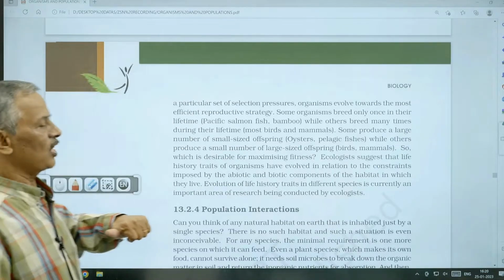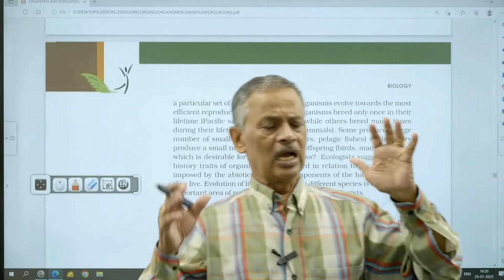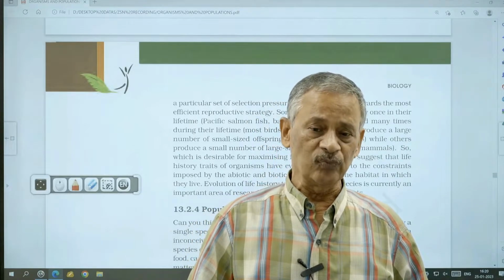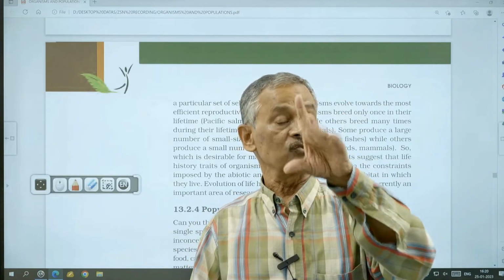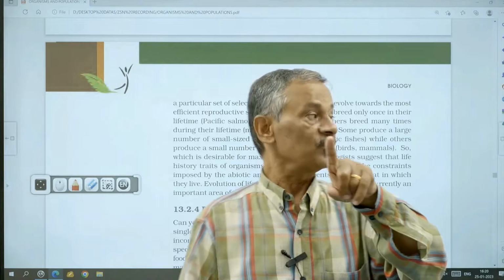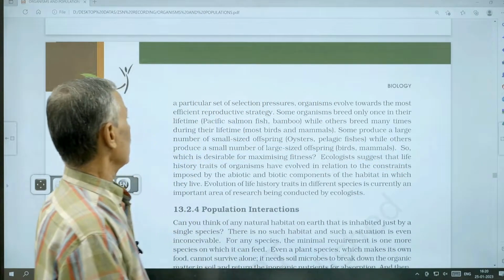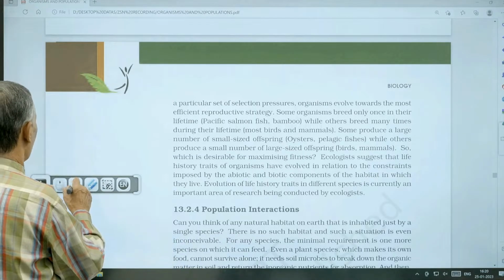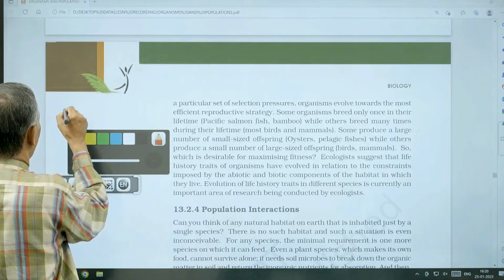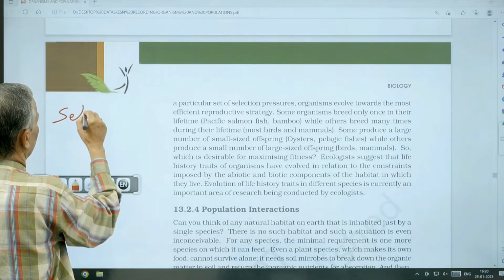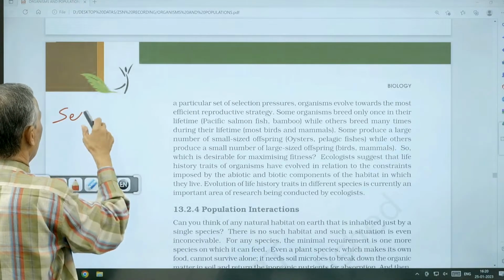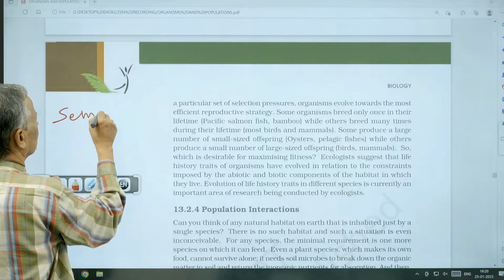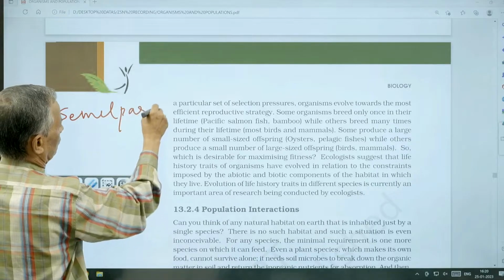Some organisms assimilate or accumulate all their energy throughout their life, and at the end they reproduce. They reproduce only once. That is seen in salmon fish, bamboo, etc. That technique or strategy is called semelparity.